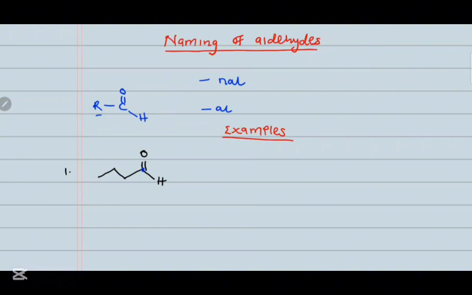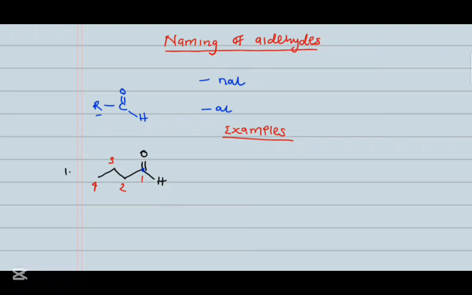Now let us count the number of carbons. We start counting from the functional group, which is the carbon bearing oxygen and hydrogen. So this is carbon number 1, this is carbon number 2, this is carbon number 3, and that's carbon number 4. So this compound has 4 carbons.